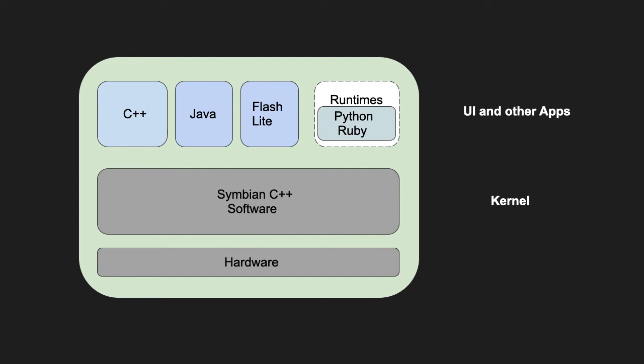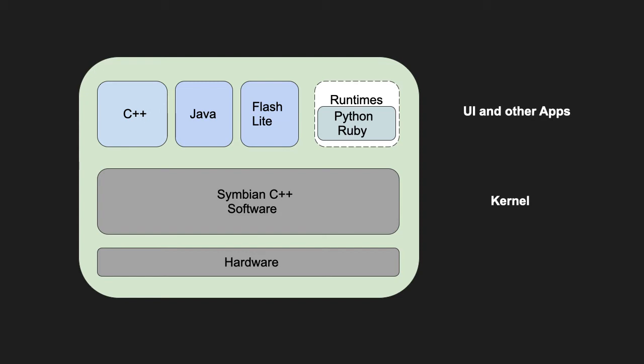Can you see here in the slide? The middle part is the native code of the Symbian, and it is written in C++. In this part also, you can see the kernel. We're going to talk about the kernel in the third part of the presentation.